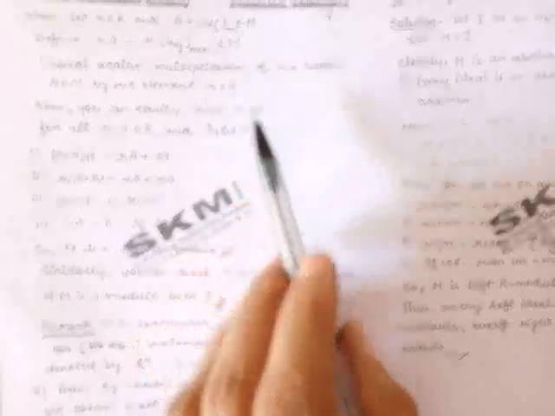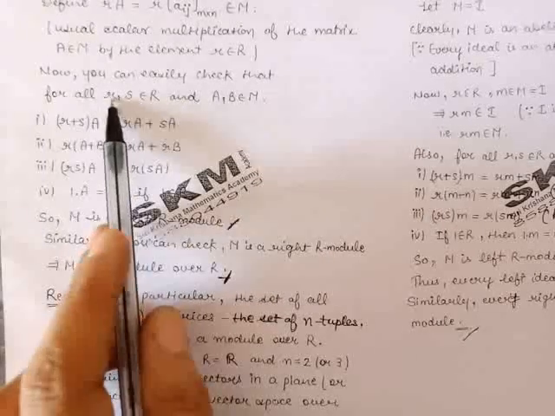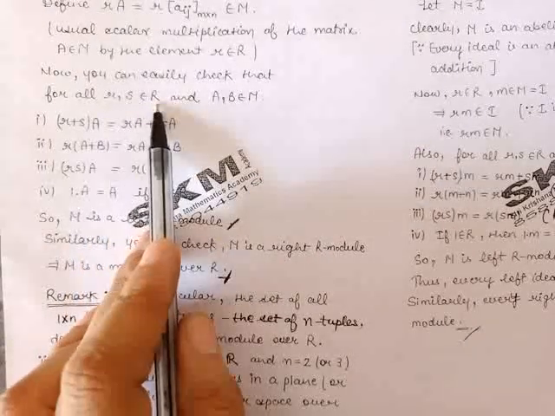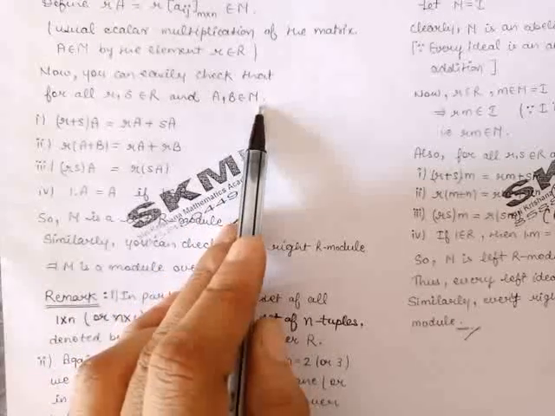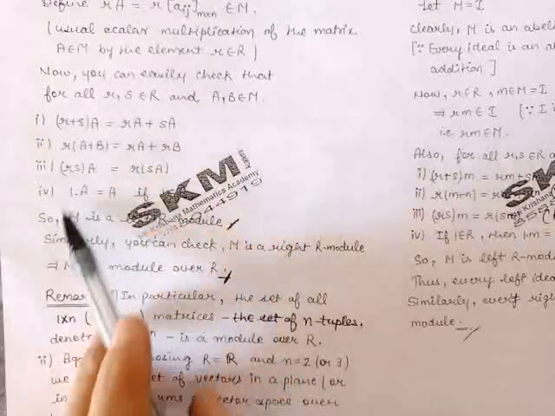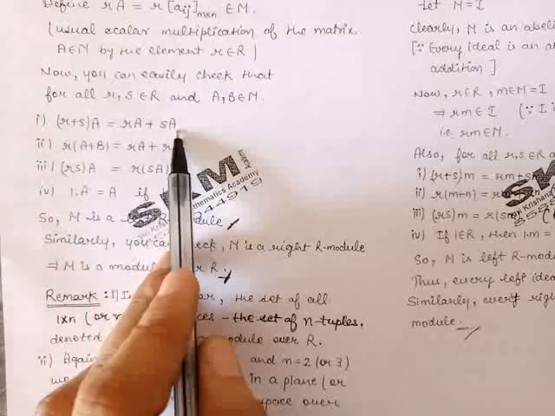And we can easily verify the remaining four conditions, that if we take r and s belonging to ring R and two matrices A and B belonging to the set M, then the four conditions: (r plus s) into A is equal to rA plus sA.